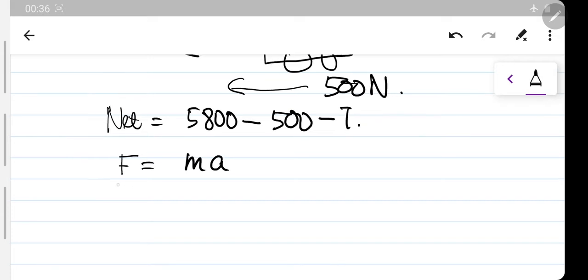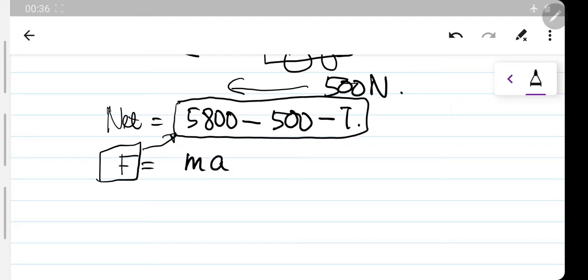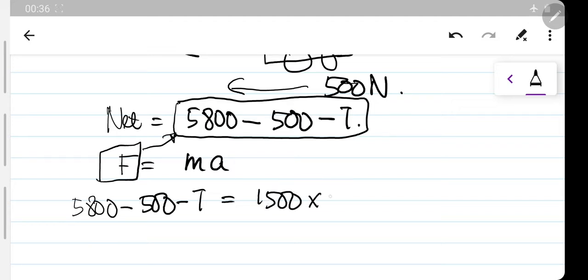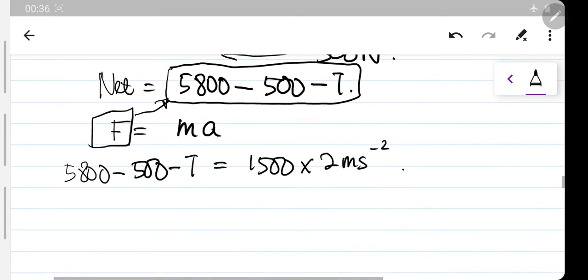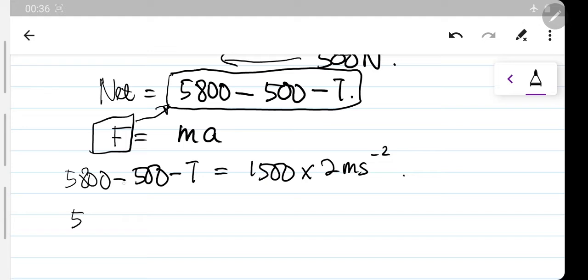So we use this formula, F equals MA, where our F is referring to the net force. So we write 5,800 minus 500 minus tension equals mass 1,500 multiplied by 2 meters per second squared. We continue with this calculation. We get 5,300 minus T equals 3,000.